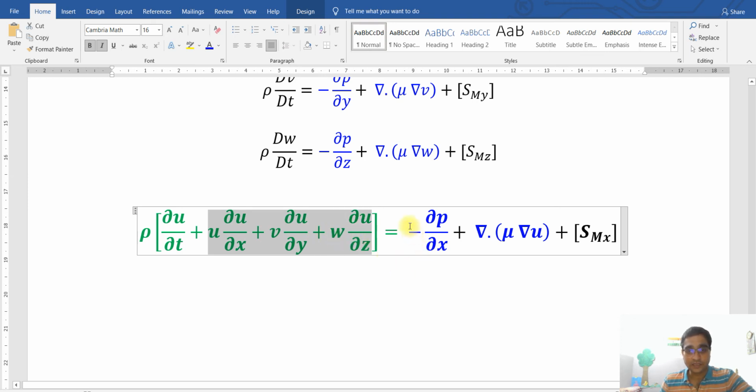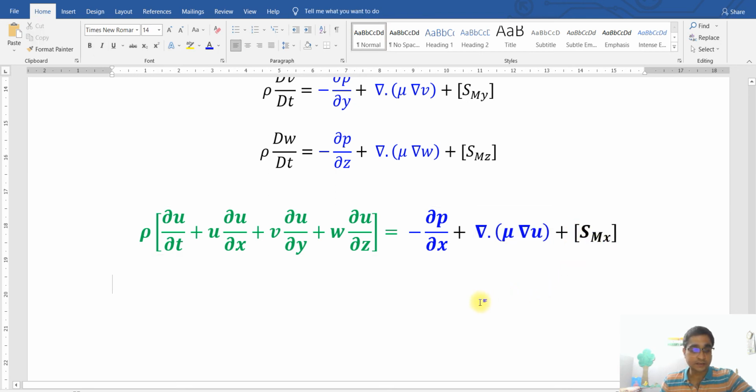Now, as you can see here on the right hand side, we have a pressure gradient term, and we have viscous terms, that is called the diffusion term, and then some body forces. So let us consider that mu for air is in the order of 10 to the power minus 5.